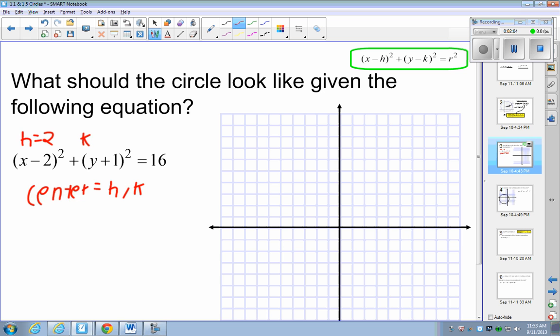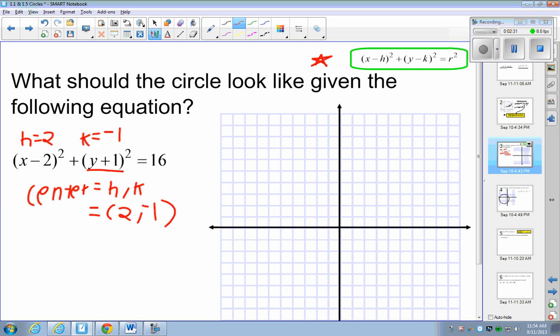And k is going to be equal to -1. Because if we look at our standard form equation up here, we look at x minus h or y minus k. And so since we have y plus 1 right here, k must be a negative. And so our center is just going to be 2 comma -1.